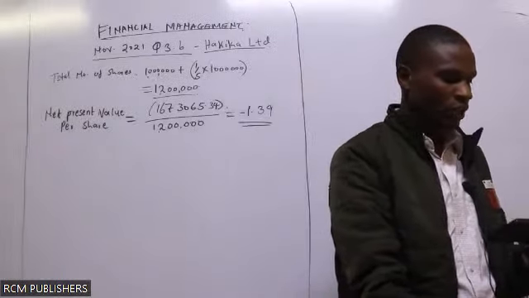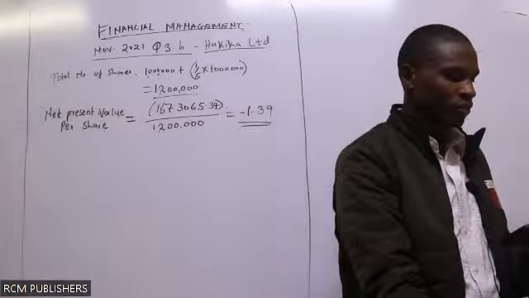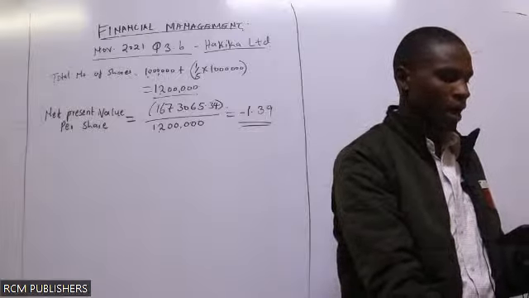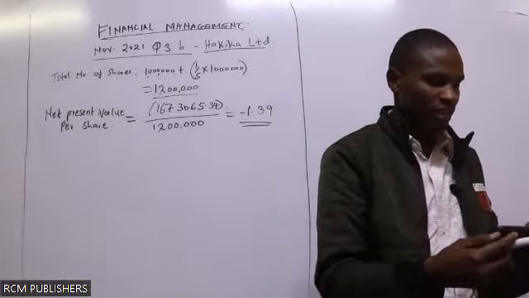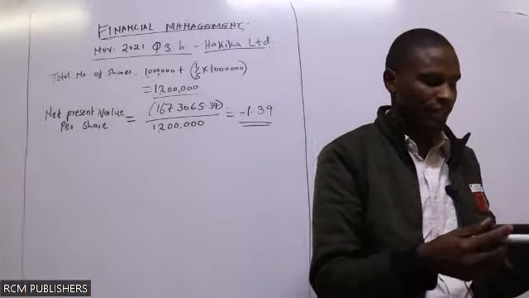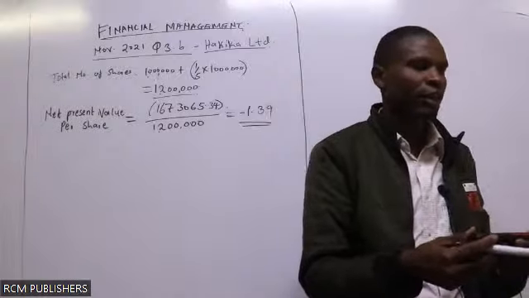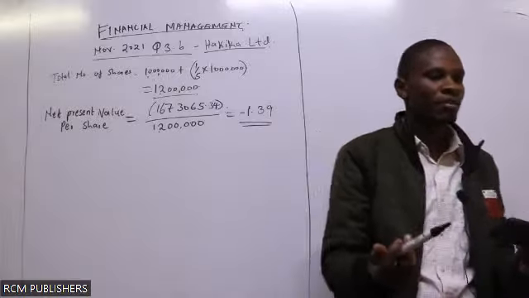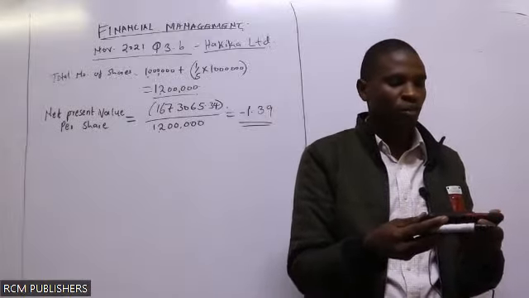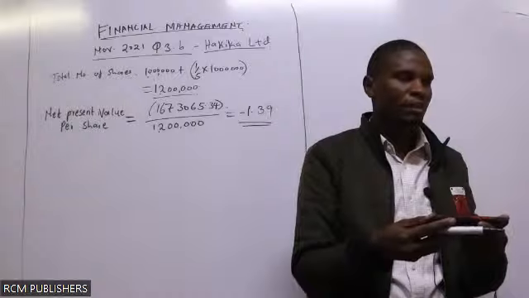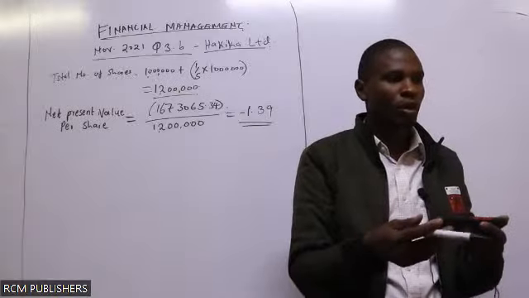And the question requires us to get the price of share after the right issue, but before they start selling. So, class, we need to compute the price per share. I remember I gave you a formula for it, and it's simple.